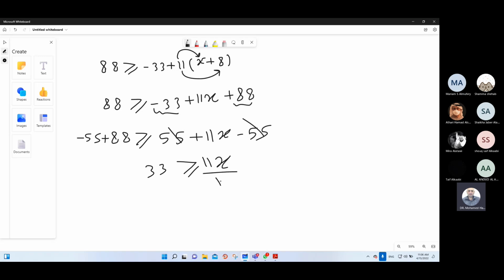We can divide by 11 here and divide by 11 here. So it means here x less than or equal 33 divided by 11 will be 3. So the solution of this inequality, x less than or equal 3, and the set of solution x such that x less than or equal 3.